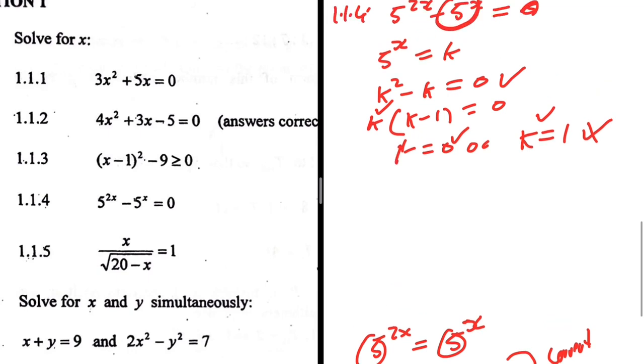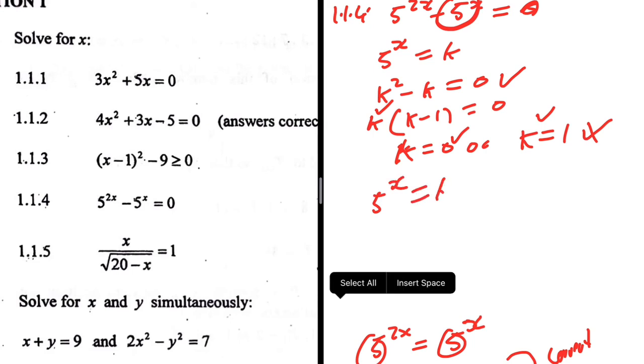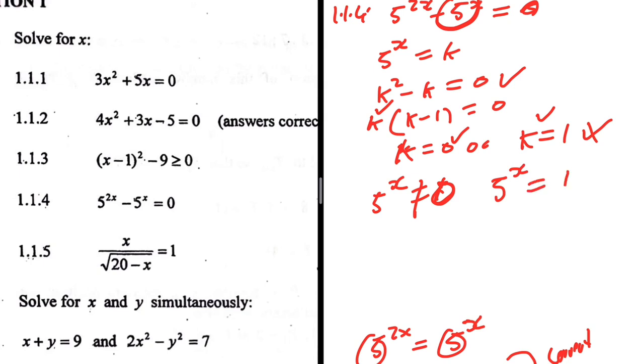So we are saying that k is equal to 0. But we know that 5 to the power x is equal to k. So 5 to the power x, we are saying, is equal to 0. And this cannot be true. If we have 5 to the power of any number, it cannot give you 0 no matter what. So 5 to the power x is the one that is equal to 1.